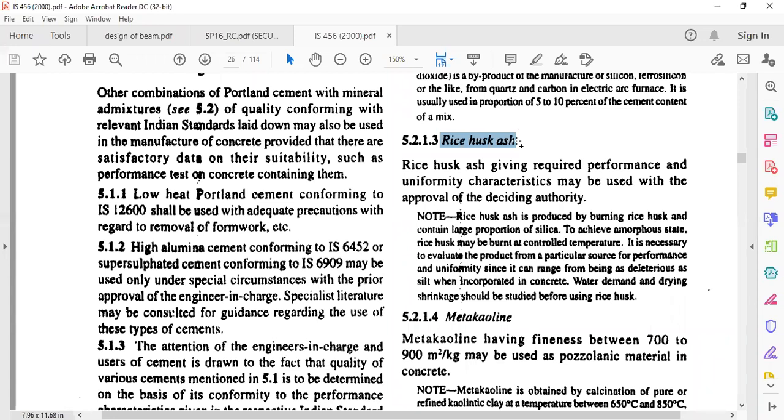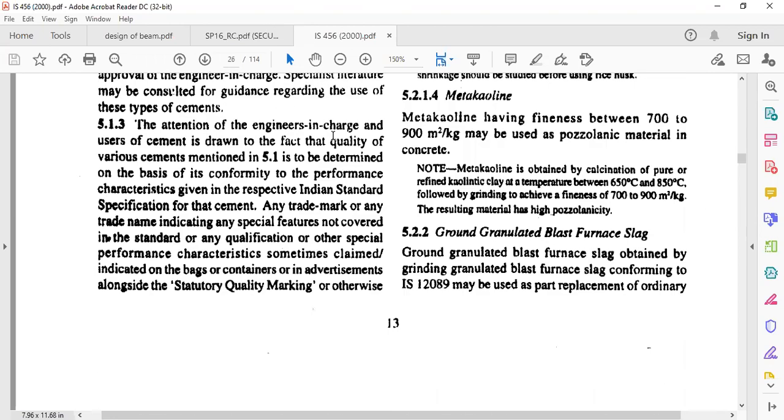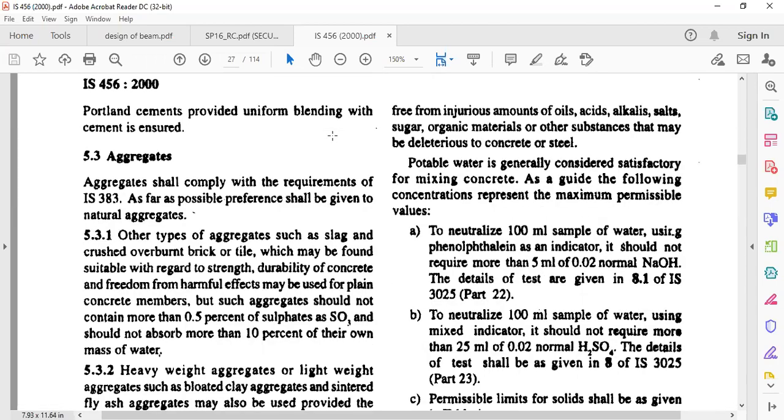Most of the time, or in the earlier cases, when it used to be lab practical experiments, you basically have to use all those materials. So according to this IS code itself, you have to check whether it is proper or not, and what should be the content of it, or what that particular material should consist of.